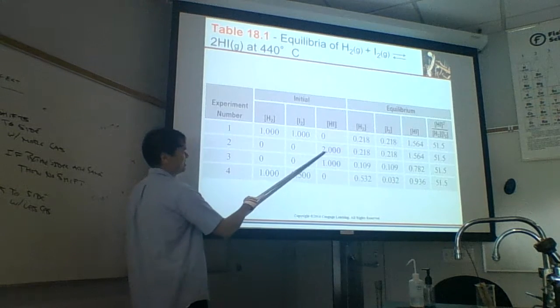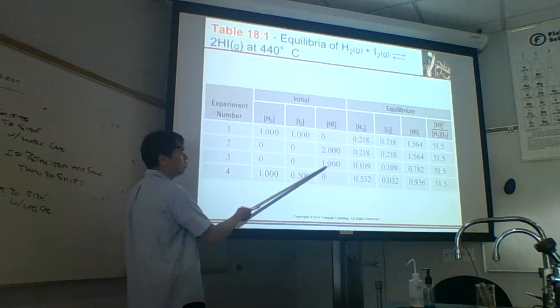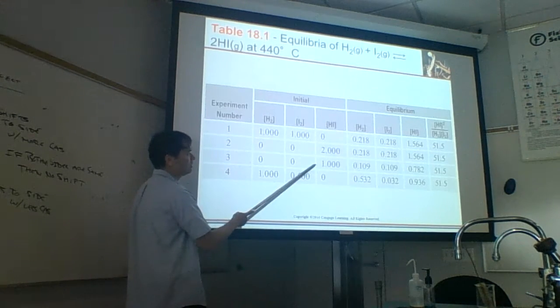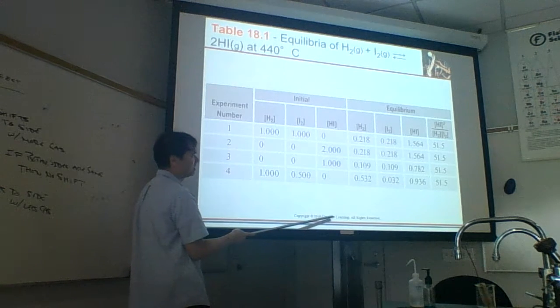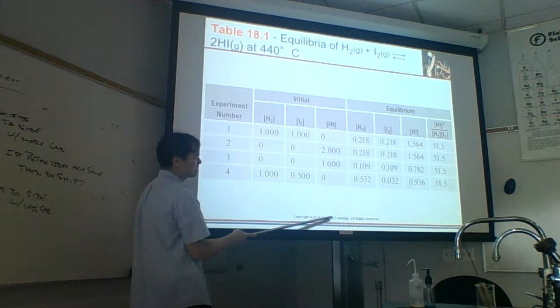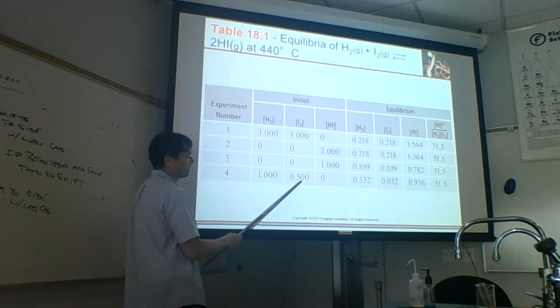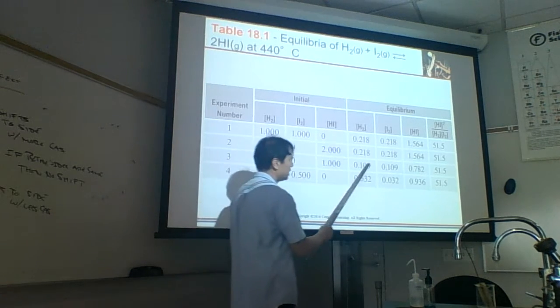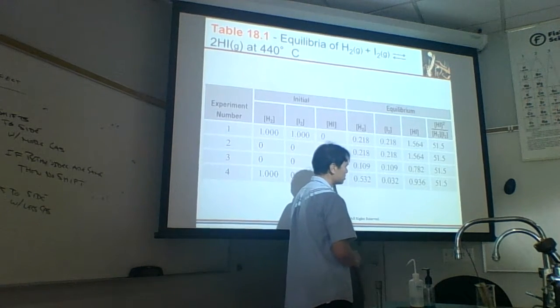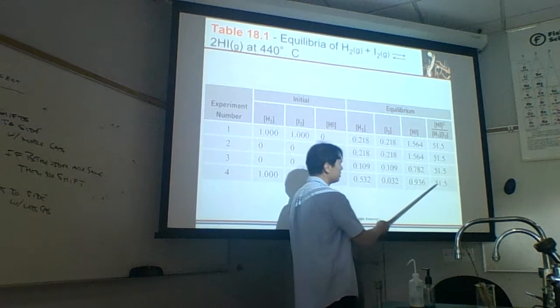Now that is like 80% reaction, but if we did 1 molar rather than 2 molar, then we don't get 80% reaction. We get less. If we do 1 and 0.5, we don't get 80% reaction. So the percent reaction changes depending on our initial concentrations, but the ratio always stays the same.